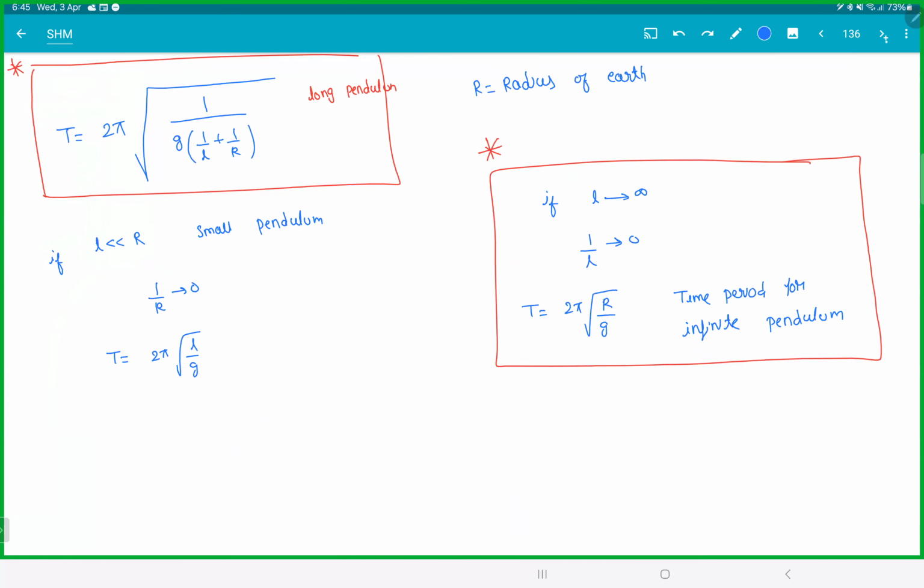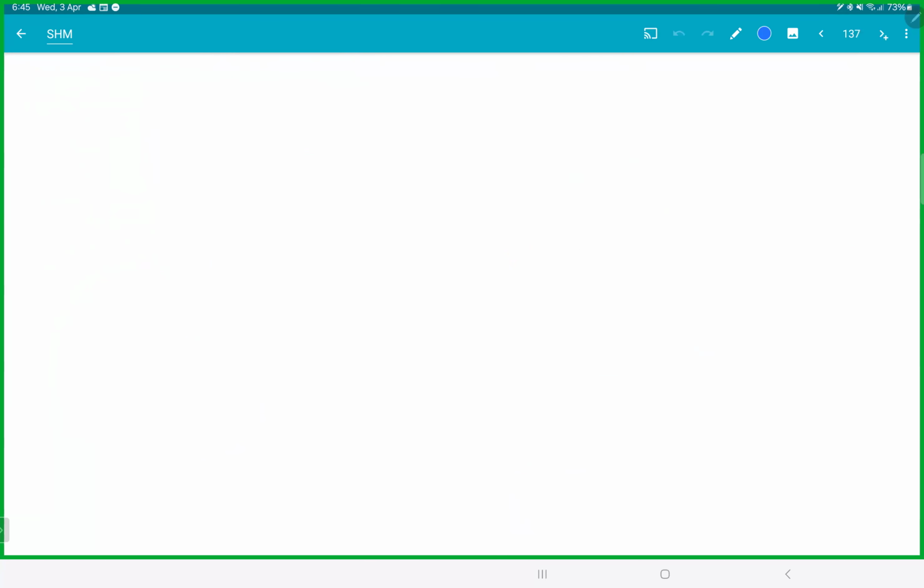So let's see one more. We have a pulley here. We have a spring. We have a block, mass M. This is a disc, mass M, R, and there's no slipping.